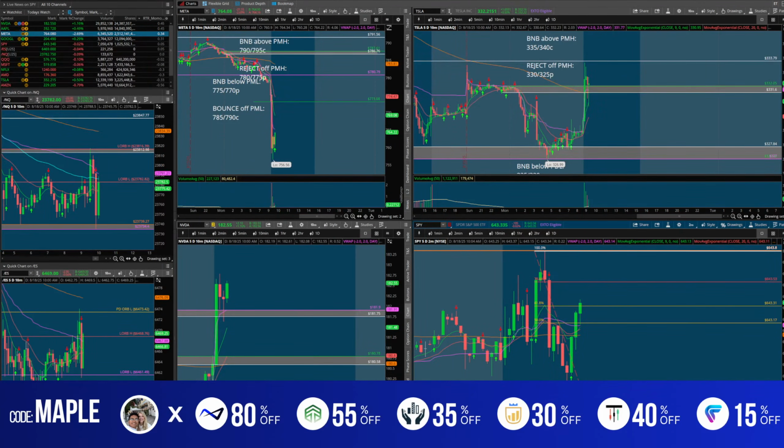Session low on the 640 put. I like the 2-hour EMA cross and retest. But we're in the middle of the orb here. 2-minute EMAs crossed.